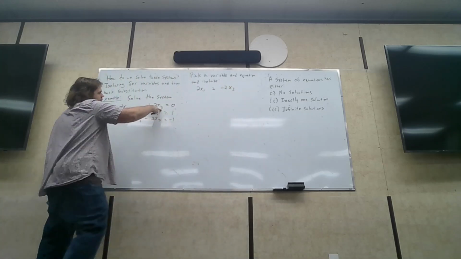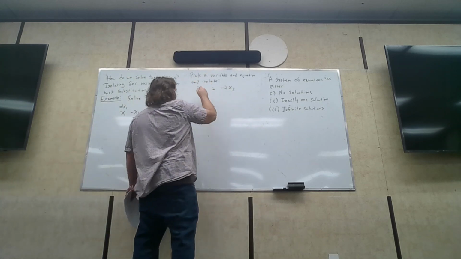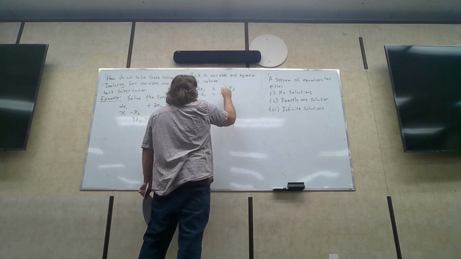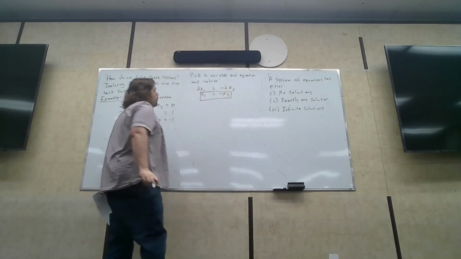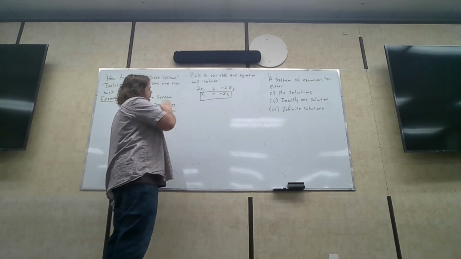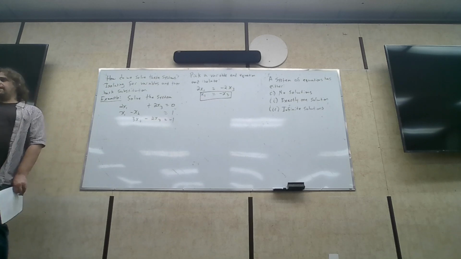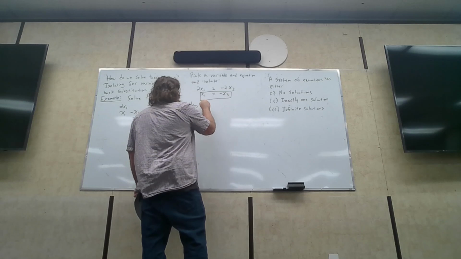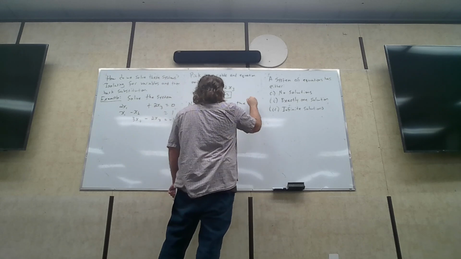Right, we move this term plus 2x3 to the other side. And then now we'll just divide by 2 to get this relationship. Now, we know that every instance of x1, we can replace with minus x3 instead, right? Now, substitute in the remaining equations.